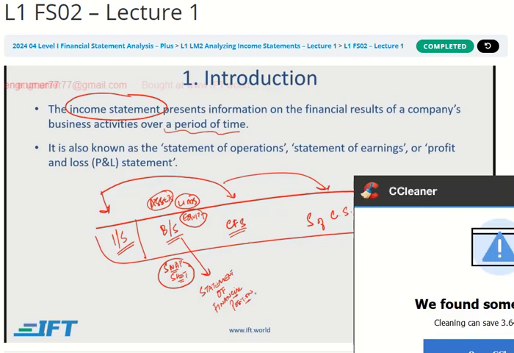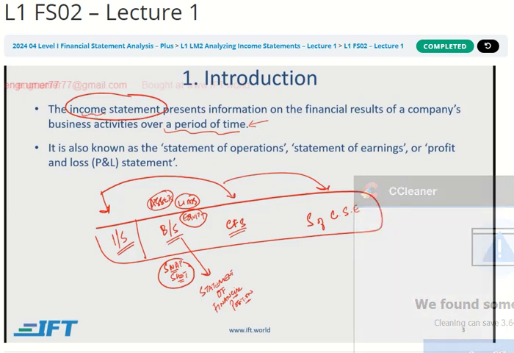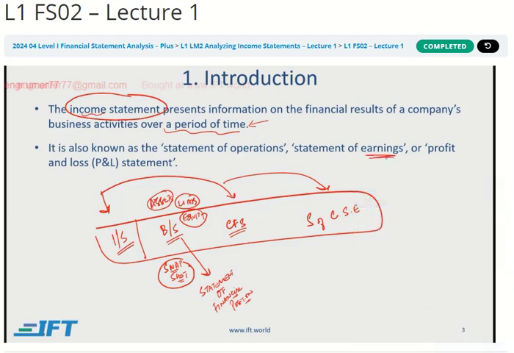But your income statement is for a period of time, and it shows what has the company earned in terms of income, or in terms of earnings, or in terms of profit. So this has many names: statement of earnings, profit and loss statement, right?